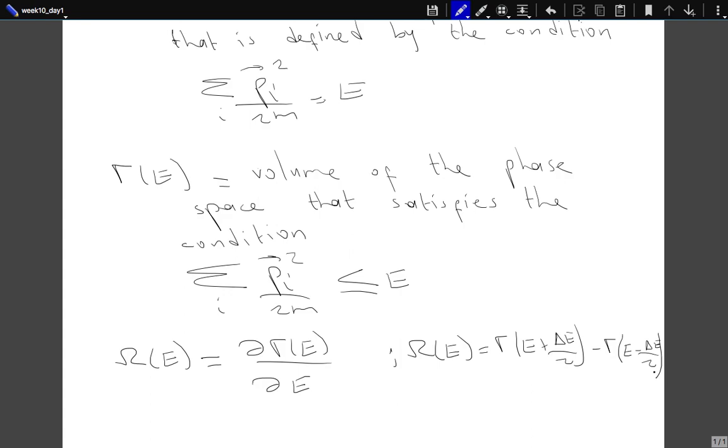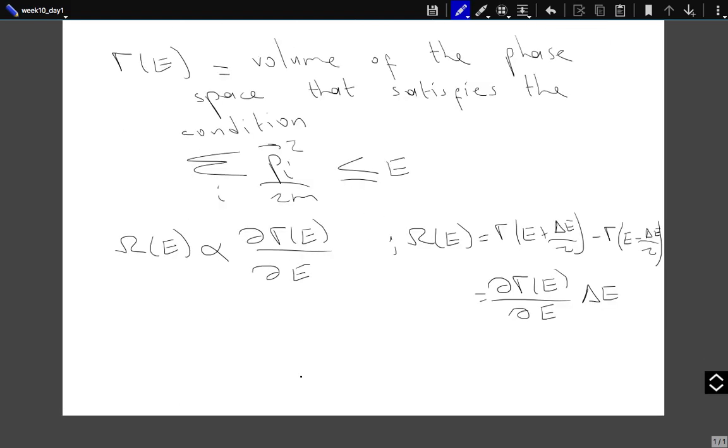This is basically the number of states that have energy within that range, and that is equal to the derivative of gamma of E with respect to E times delta E. No, sorry, omega E is the number, not the area. This is the area in phase space. But we will show that whether you use this definition of omega or this definition of omega doesn't really make much of a difference.